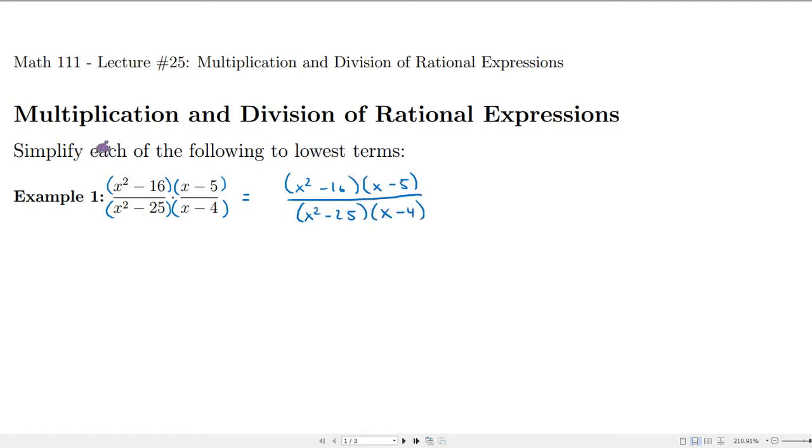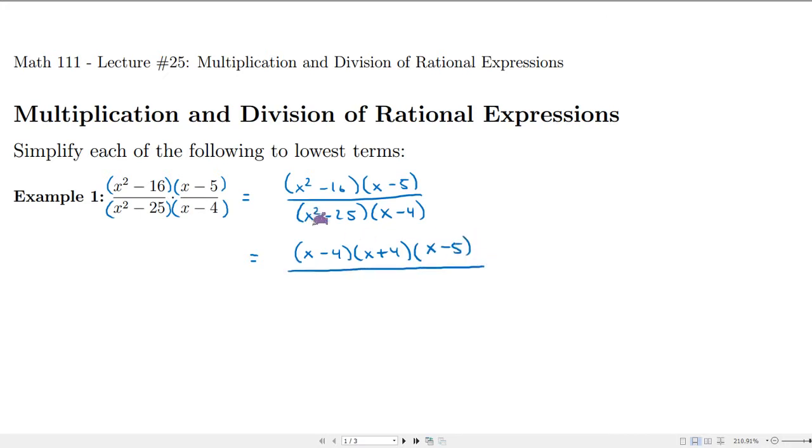And now if you want to simplify this to lowest terms, we're just going to do what we've done before, which is factor the numerator as much as we can, factor the denominator as much as we can, and then reduce. So the numerator, this is a difference of squares, so this is x minus 4 times x plus 4, and that x minus 5 stays there.